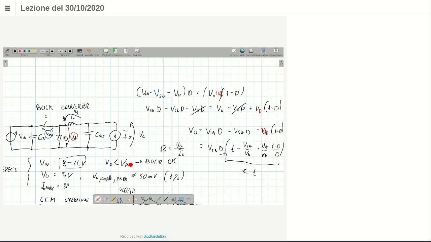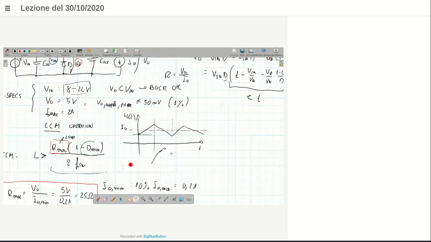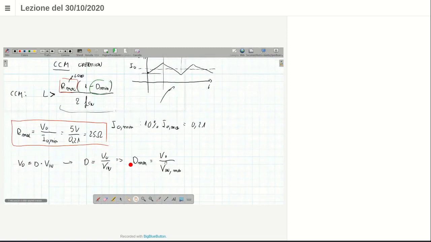So if we need to know the maximum duty cycle, we have to take into account the losses. But if we need to know the minimum duty cycle, it is a conservative assumption to consider the ideal case, to neglect the losses. If we include the losses, this duty cycle will be larger than this.